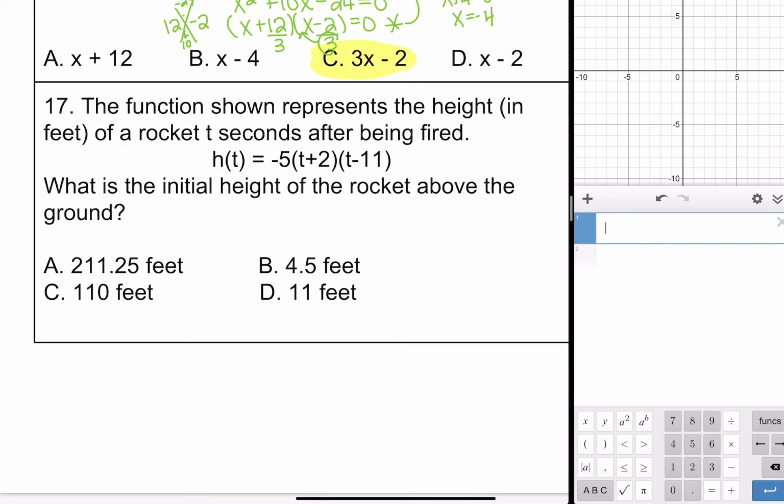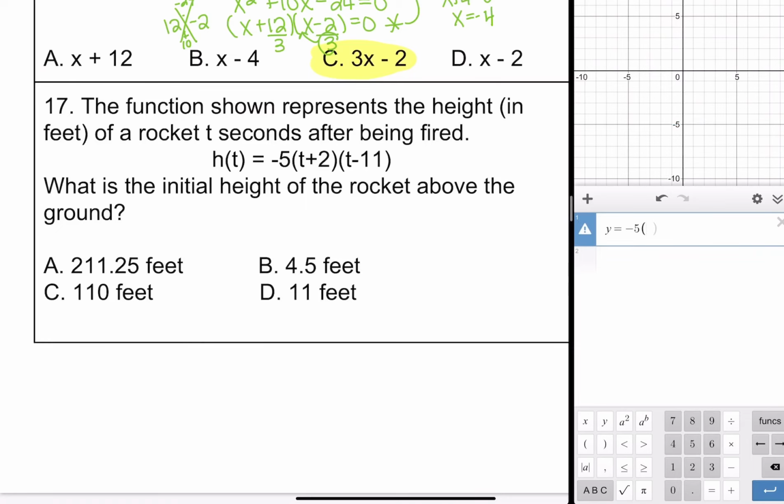So we're going to use the tools that are available to us, graph it, find our initial height, and then move on. Remember that your initial height is the y-intercept. So y equals -5, and remember to use x's and y's here, not h's and t's.